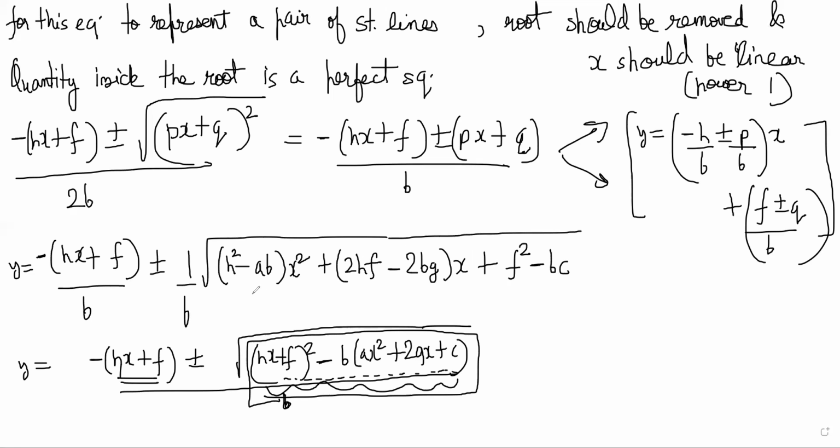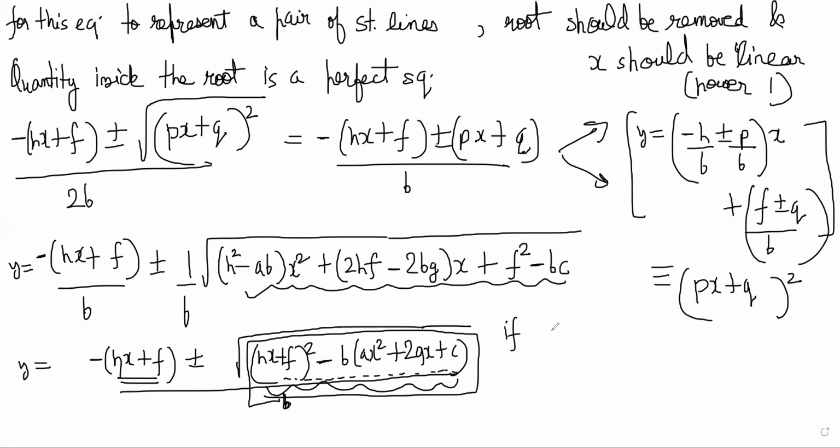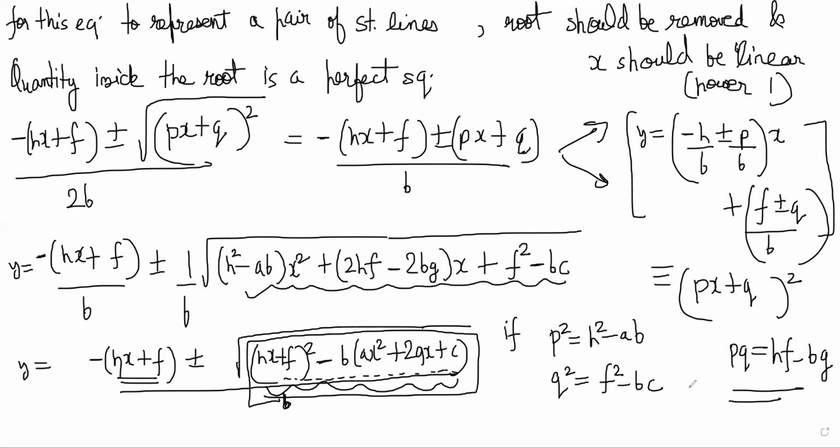Now this quantity is a quadratic in x, and it will be equal to px plus q whole square if p square is equal to h square minus ab, q square is equal to f square minus bc, and pq is equal to hf minus bg, right? Because then you can say that it is p square x square plus 2pq x plus q square, right?